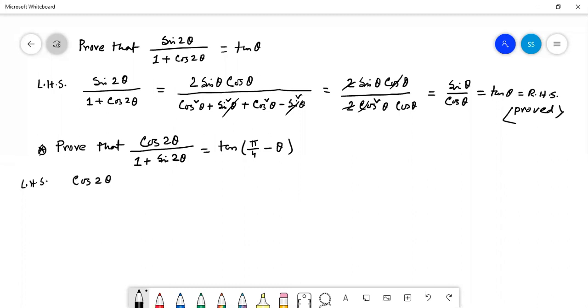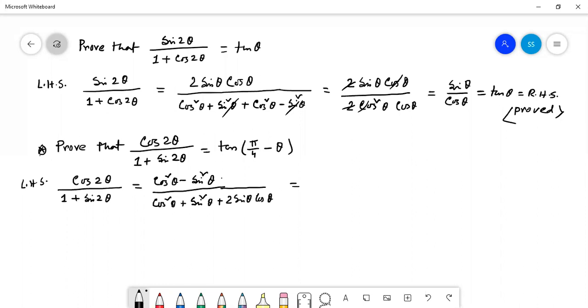Cos 2 theta by 1 plus sin 2 theta. Cos 2 theta means cos square theta minus sin square theta, by 1 means we can write cos square theta plus sin square theta, plus sin 2 theta means 2 sin theta cos theta.